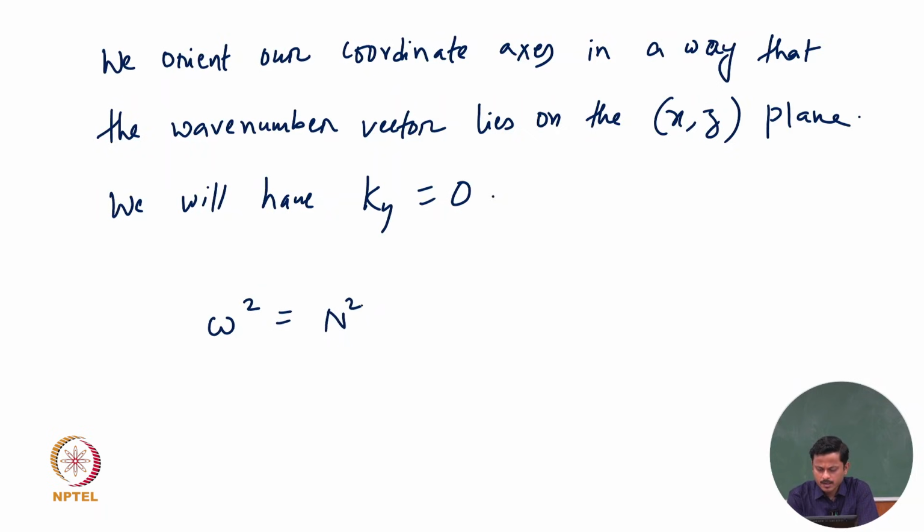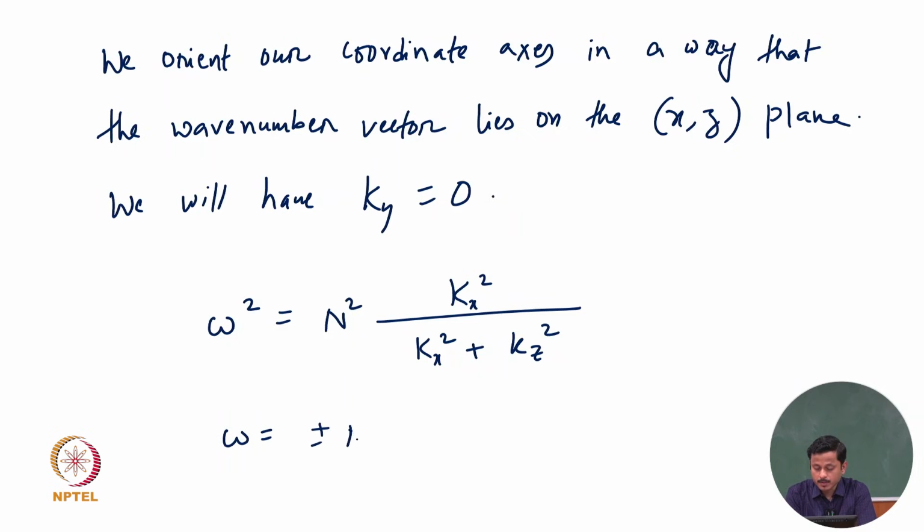So then, omega squared is equal to N squared kx squared by kx squared plus kz squared. That is, omega is equal to plus minus N kx by square root of kx squared plus kz squared.